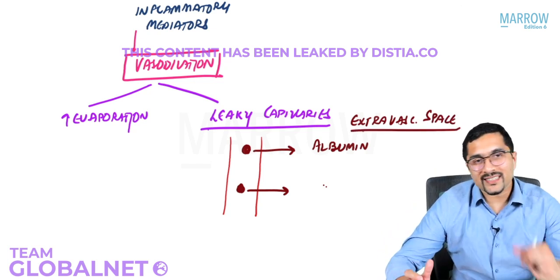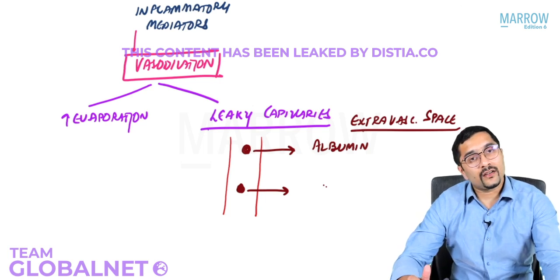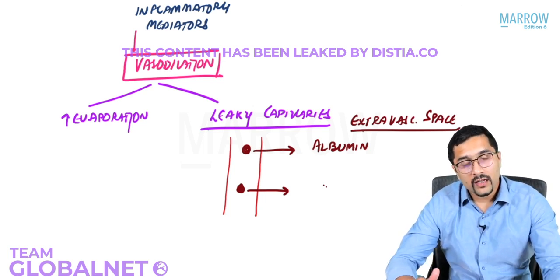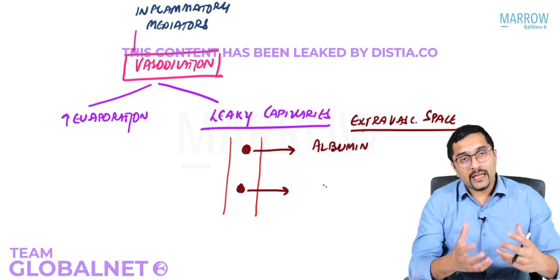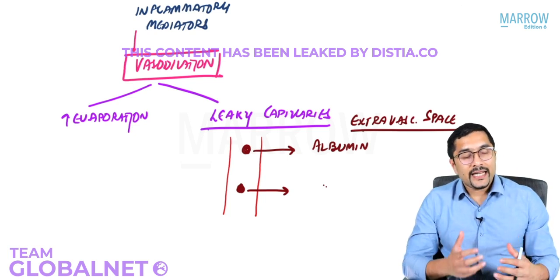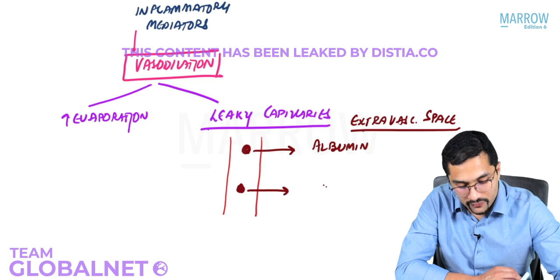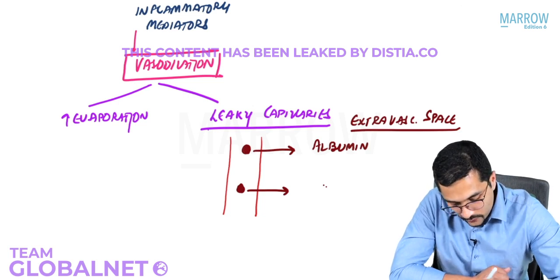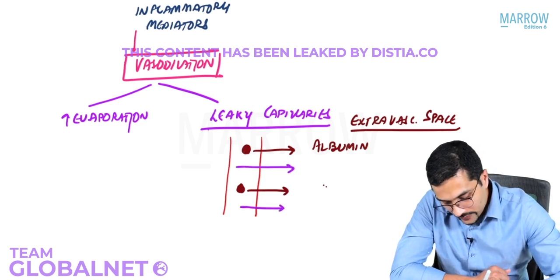Now, we've discussed in physiology the laws which govern water movement. If you have albumin in the extravascular space, it is going to exert its oncotic effect and it will draw out fluid from the capillaries.